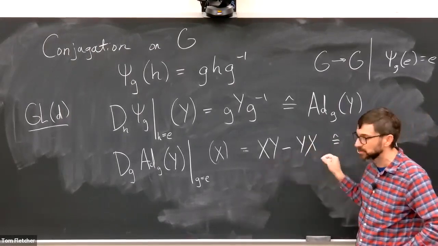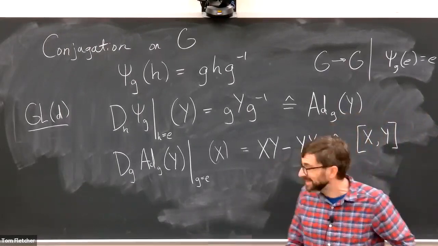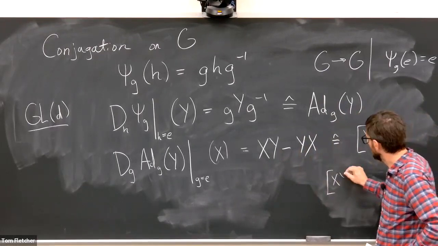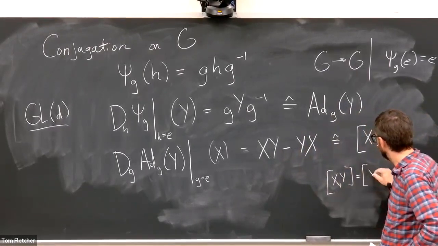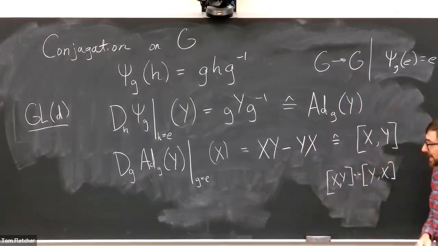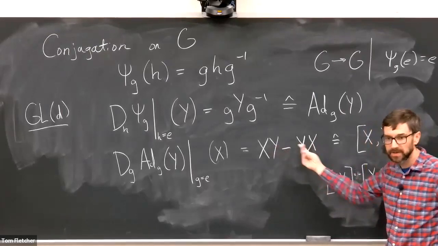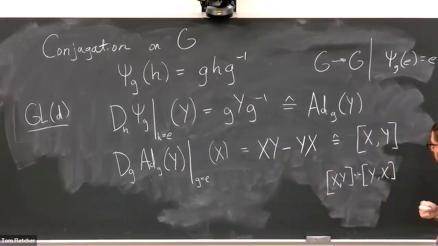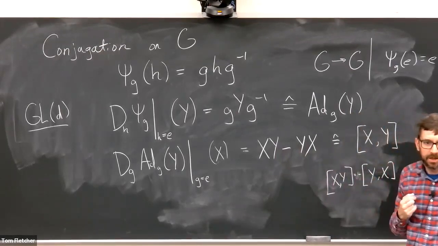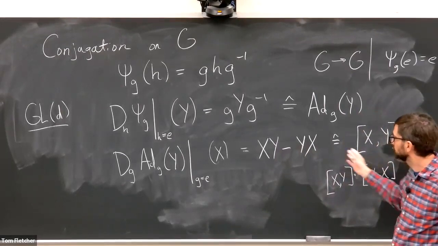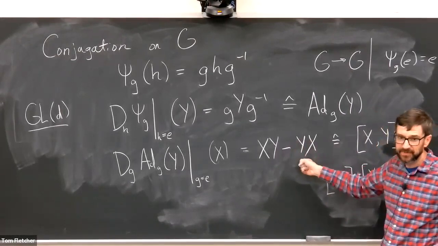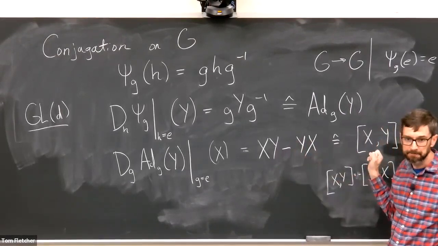You can see very easily that this satisfies anti-commutativity. If I flip Y and X, I get the negative. It's harder to check, but you can check the Jacobi identity that we have over there as well. Bilinearity is pretty obvious because matrix multiplication and subtraction are bilinear. And so this satisfies the rules to be a Lie bracket.